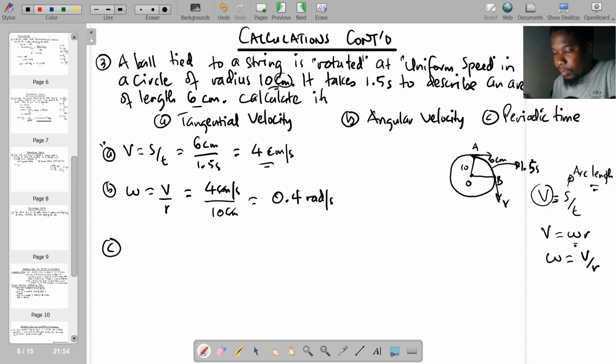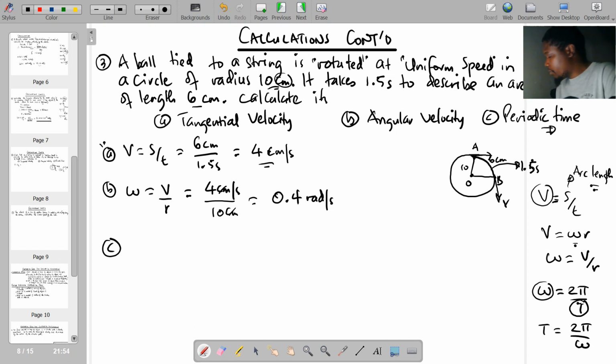Now let's calculate the last part. If we're going to find the periodic time, remember there's a relationship between angular velocity and time period. So if we know the angular velocity, we can calculate the time period. If we make that the subject of the formula, it will be 2 pi over omega. That will be the formula that we can employ.